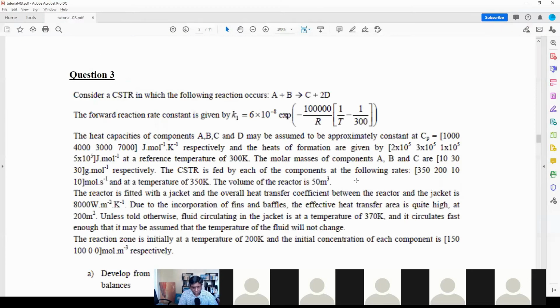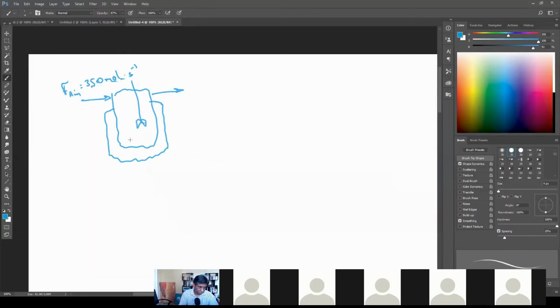And then we are told the initial amounts in the reactor, 150, 100, 0, 0. So in the reactor, we have a concentration Ca naught of 350. And what is that? Moles per cubic meter.